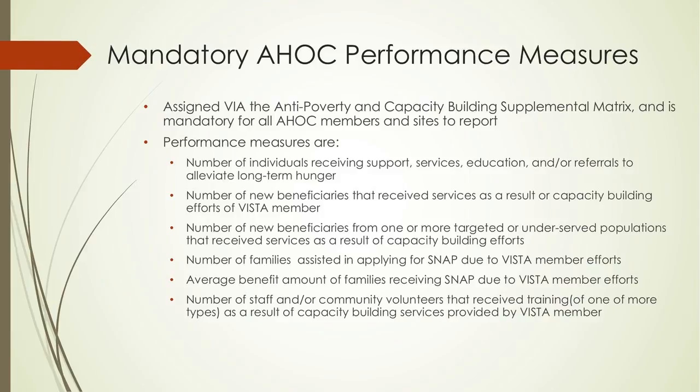the number of new beneficiaries from one or more targeted or underserved populations that received services as a result of capacity building efforts, the number of families assisted in applying for SNAP due to the VISTA member efforts, the average benefit amount of families receiving SNAP due to VISTA member efforts, and the number of staff and or community volunteers that receive training of one or more types as a result of capacity building services provided by the VISTA member.